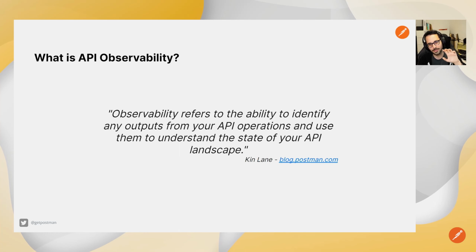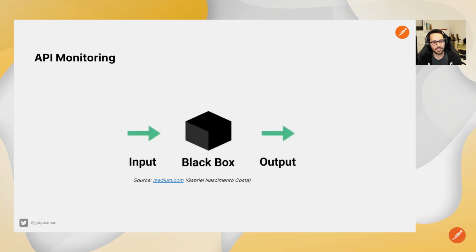So if we put that in comparison with API monitoring, and I'm taking that from a Medium blog post, which I really appreciate, it's kind of a black box. You don't really care about what is happening in the API itself. You're looking at the result. It's anything that a user can observe. Maybe my API returns a 200 or it returns a 400.